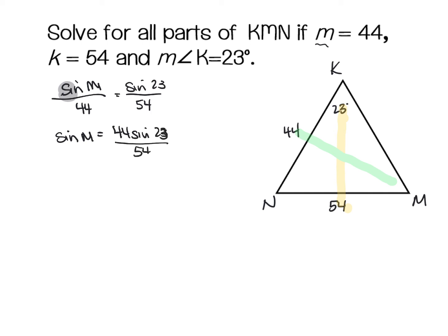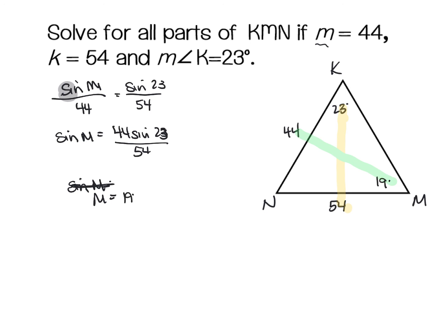Okay, so this is where I need to do my inverse sine. 44 sine of 23 divided by 54. And we're just going to round to the nearest whole number. So I get M is equal to, we'll go 19 degrees.